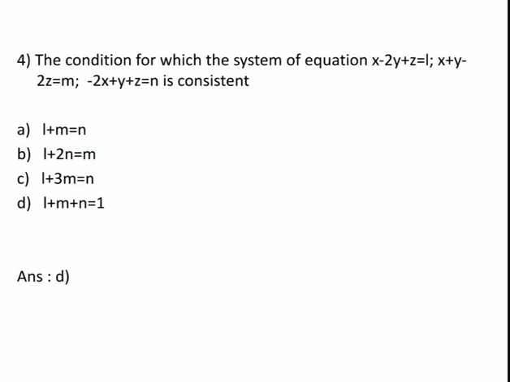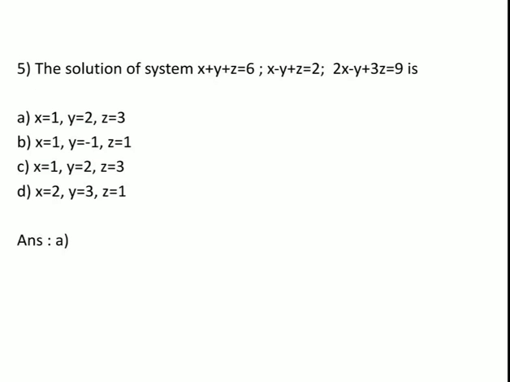You know the condition for the system to be consistent, and you have to verify for what condition this system is consistent. And lastly, for the solution of the system of equations, again it has a unique solution. You have to find the values of x, y, z by applying these row operations, that is, by finding the rank of this matrix using the condition of unique solution of the system of non-homogeneous equations.